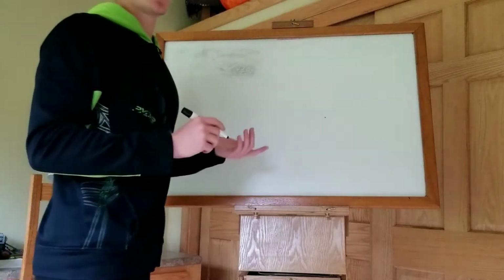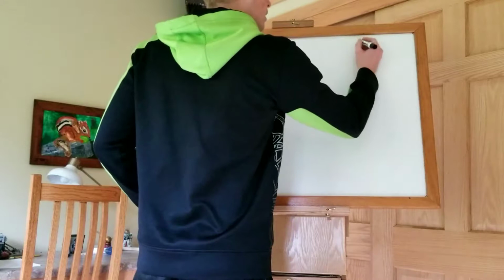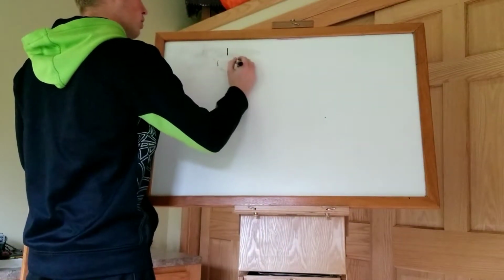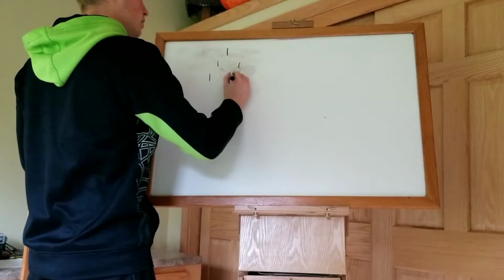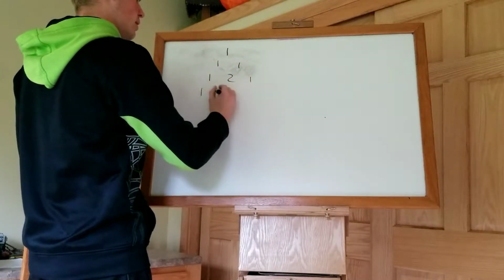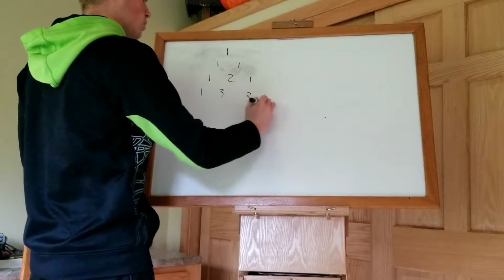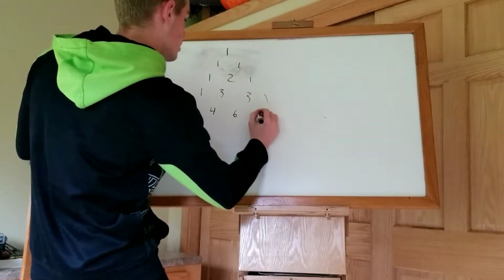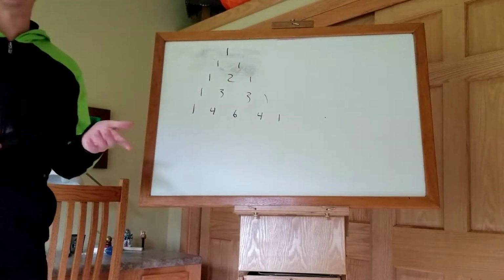So there's something in math called Pascal's triangle, and what it looks like is a 1, then 1, 1, then 1, 2, 1, then 1, 3, 3, 1, 1, 4, 6, 4, 1, and so on.